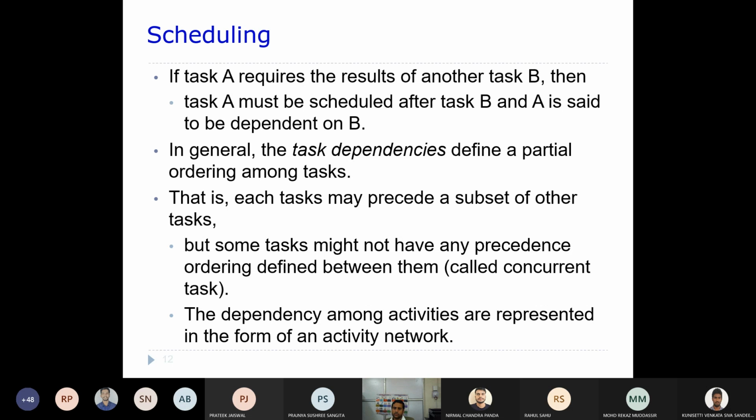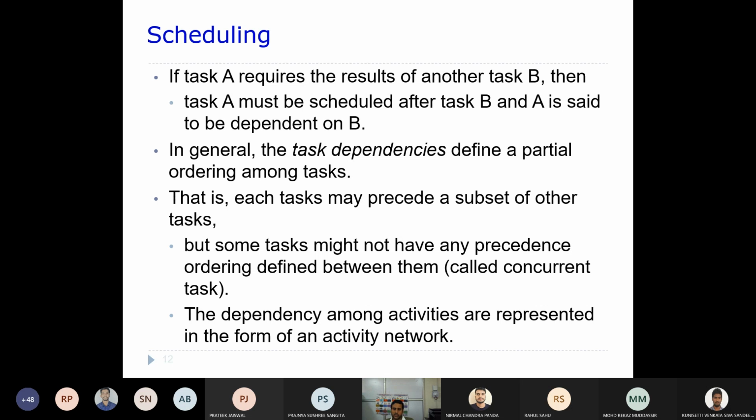Each task may precede a subset of other tasks. Each and every task will have a preceding subset of tasks, and unless those tasks are finished, this task will not be started. Some of these tasks may not have a precedence ordering, which means they can be carried out concurrently.